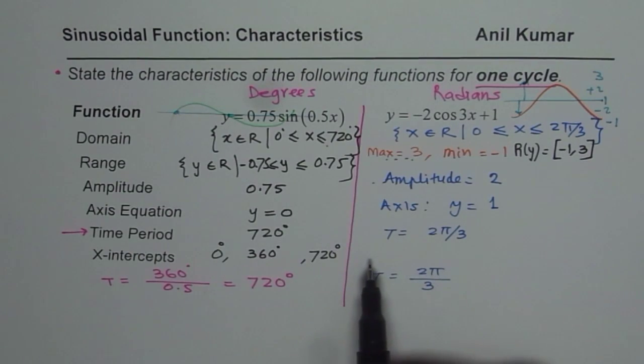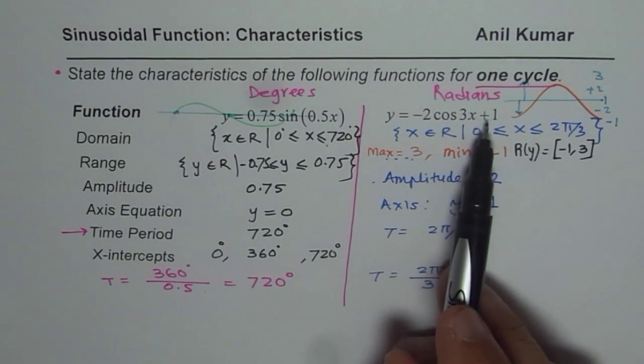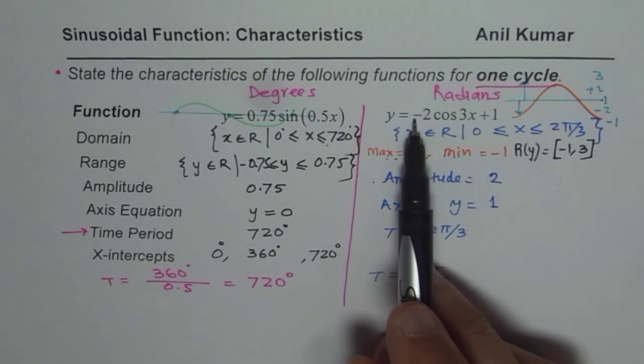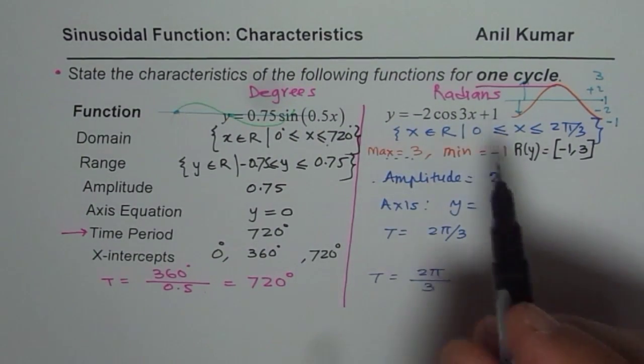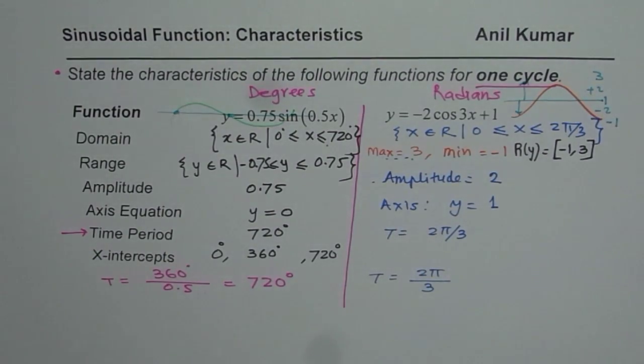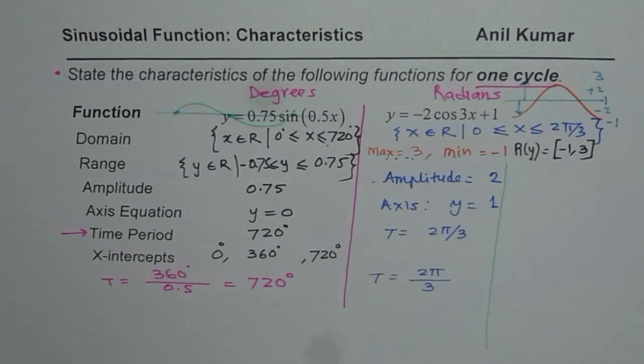Now let's figure out the x-intercepts. Now the x-intercepts are not so easy to find in this particular case. For that, you have to really solve for y equals to 0. You get the point? So to solve for y equals to 0, we'll rearrange and solve the equation. So I complicated this, so let this be an additional question for you.